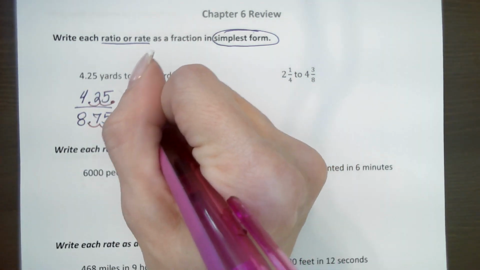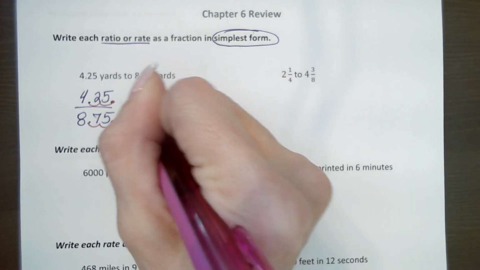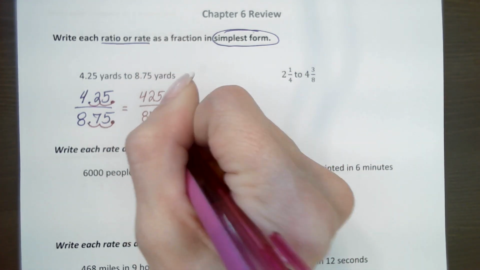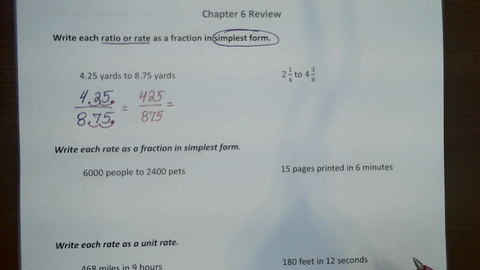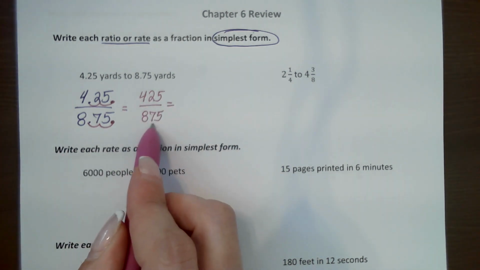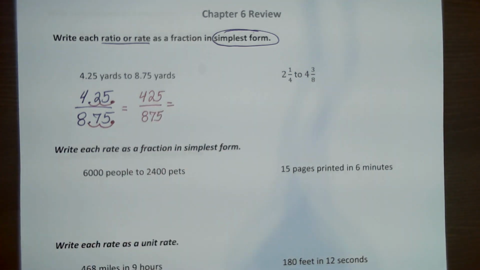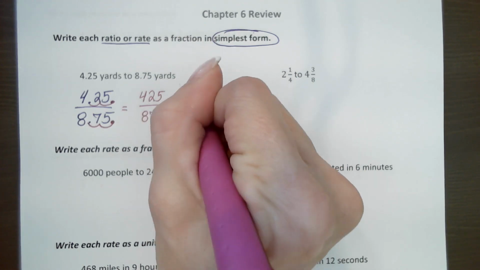So now my ratio is 425 over 875. I've gotten rid of the decimals. Now I just have to simplify. So I see that they both end in multiples of 25. So I'm going to start by just dividing by 25 and I get 17, a prime number.